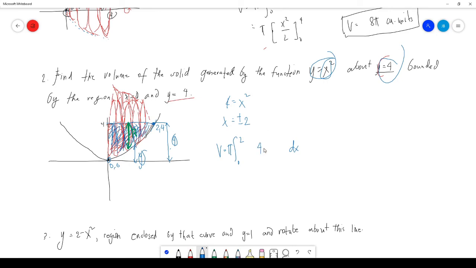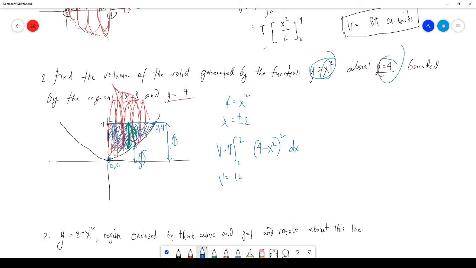Therefore, our radius or our f of x here would be 4 minus x squared. Remember again that only the region bounded by the curve and the line y is equal to 4. Okay, so therefore, oh sorry, we forgot to square it.